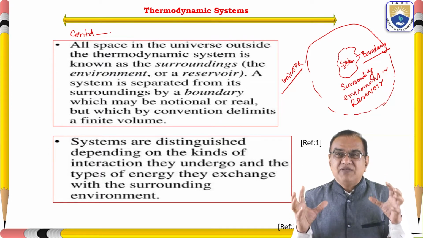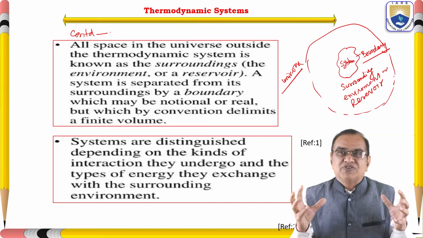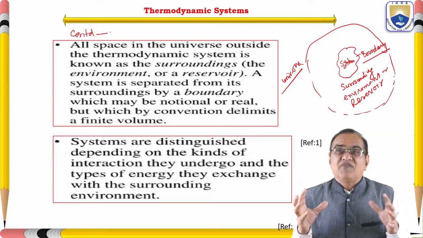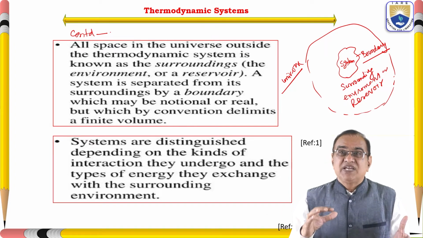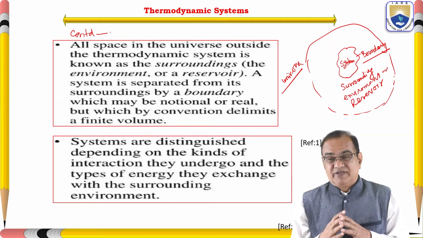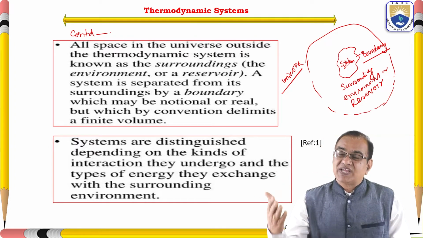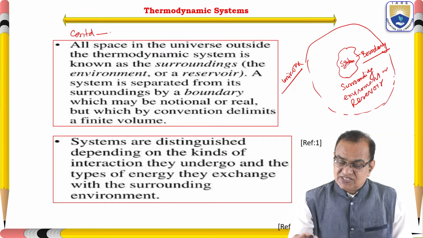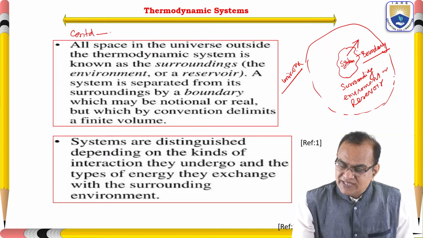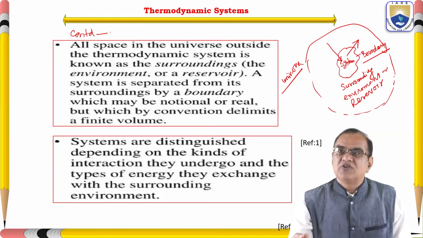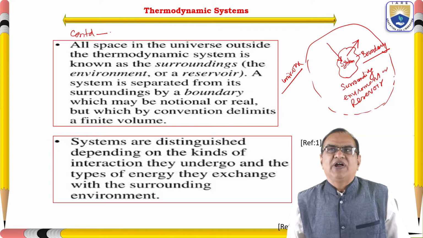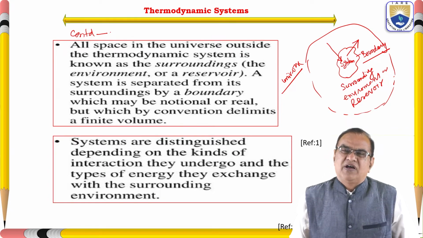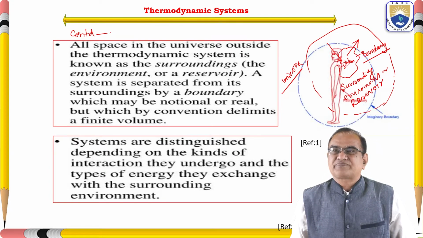We should distinguish the kind of interaction they undergo and the types of energy they exchange between the system and the surrounding. Which type of energy, heat energy, work energy, or anything the system gives to the surrounding, or from the surrounding goes to the system, we are going to discuss in due course of time, after a few classes.